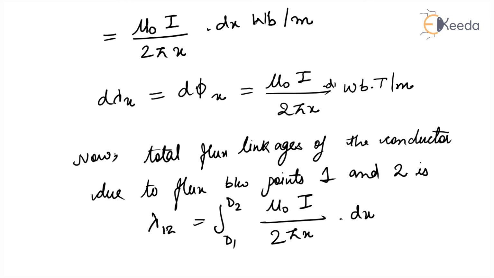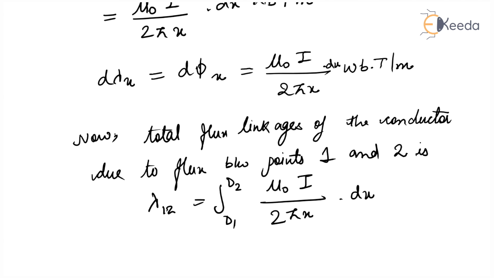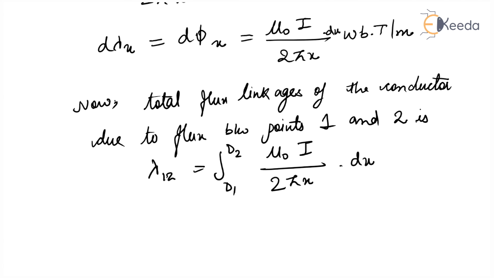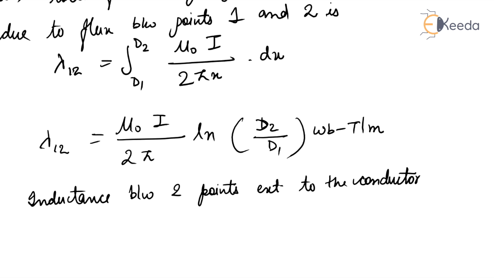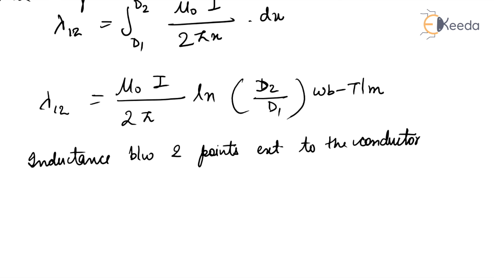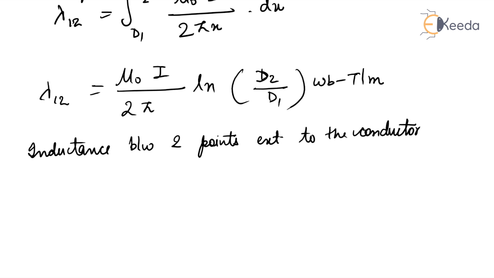I forgot to write dx here. So the flux linkage between point 1 and 2, lambda 1 2, is equal to mu naught I upon 2 pi log D2 by D1 Weber turn per meter.